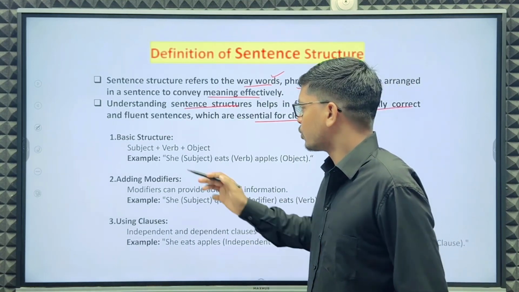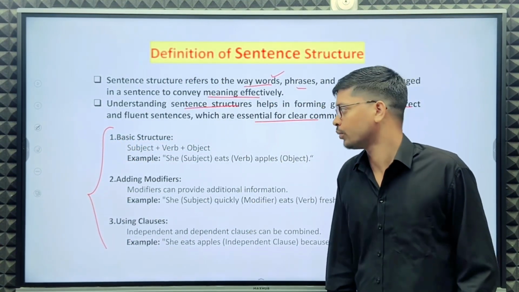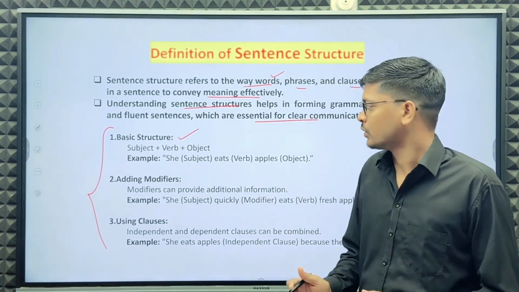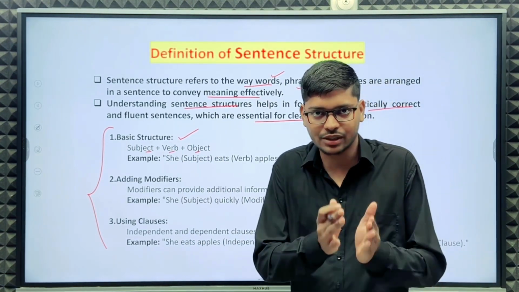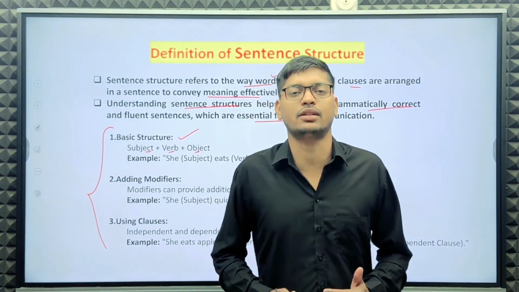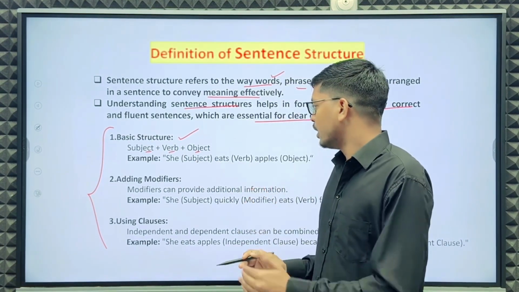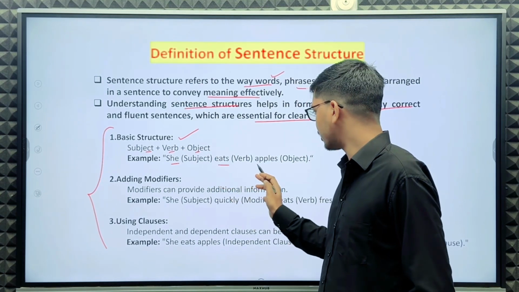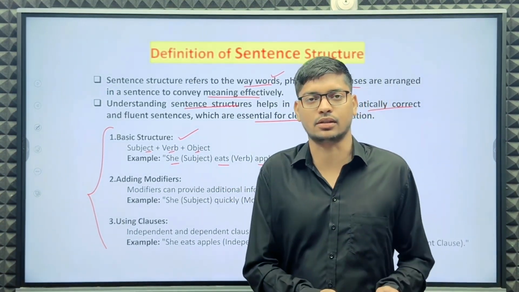So let's see some examples. The basic structure is subject, verb, object. Basic sentence structure is subject plus verb plus object. Example: she eats apples. This is a sentence.